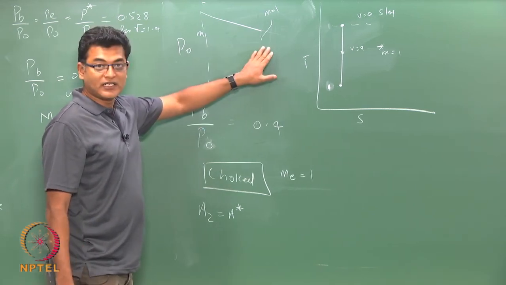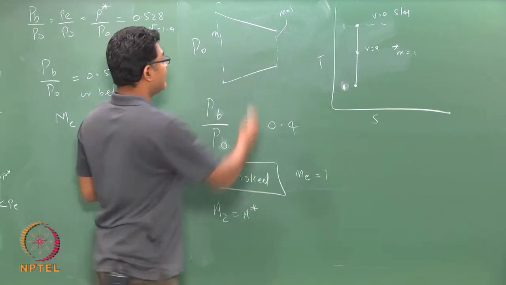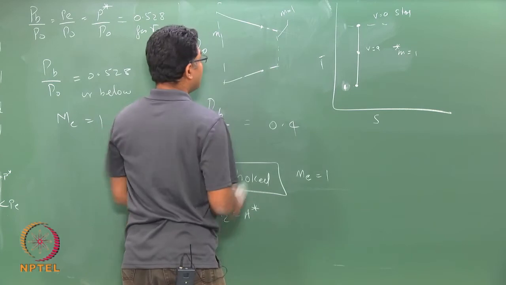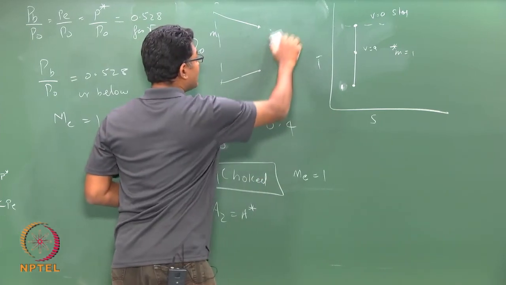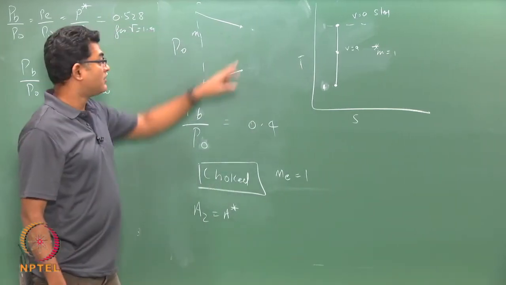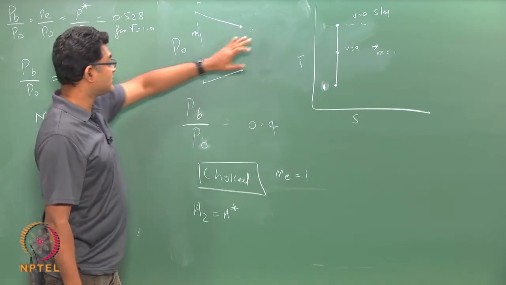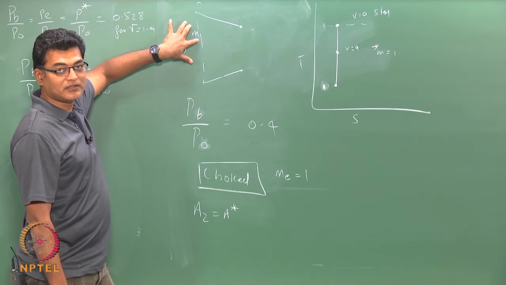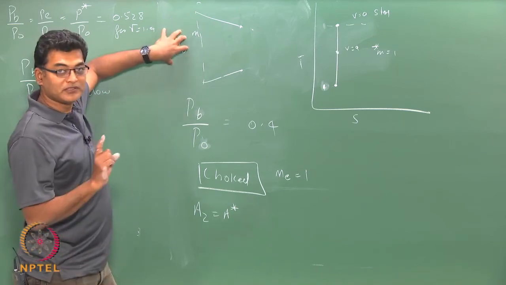So, this is my star condition, but I have also told you, even if I cut this, I am still going to get M equals 1. This does not mean that I have 2 A star here, but rather when I do this process, something is happening to the inlet Mach number, but I am keeping my P0 constant.